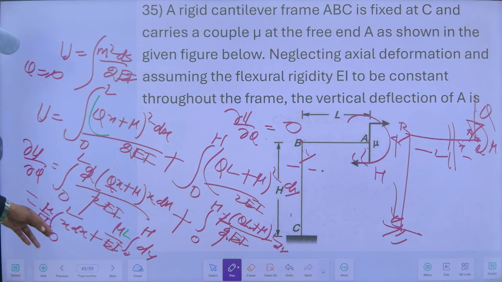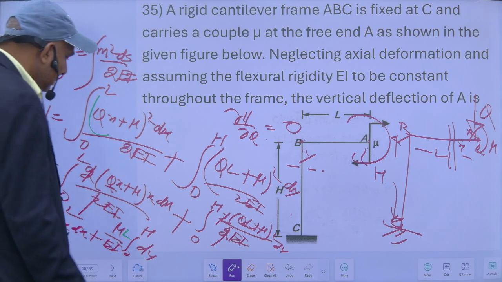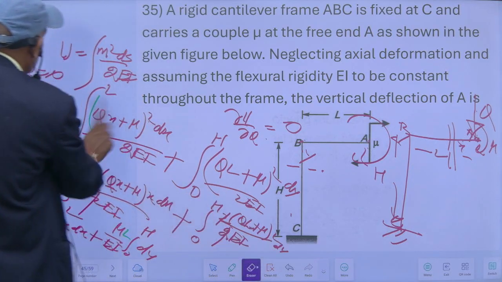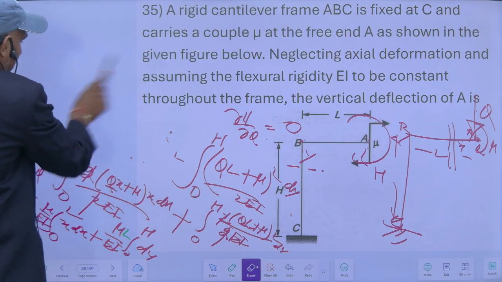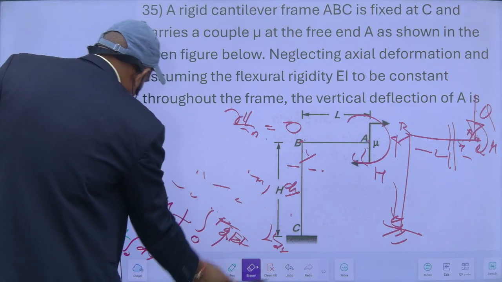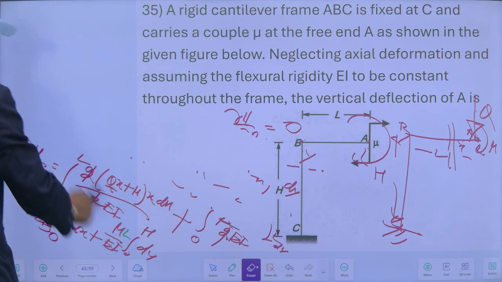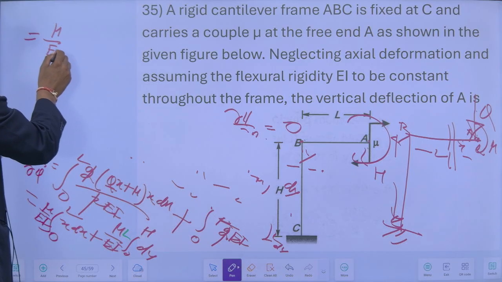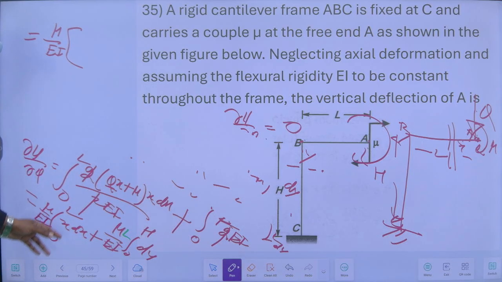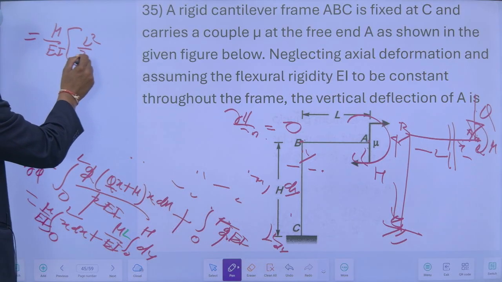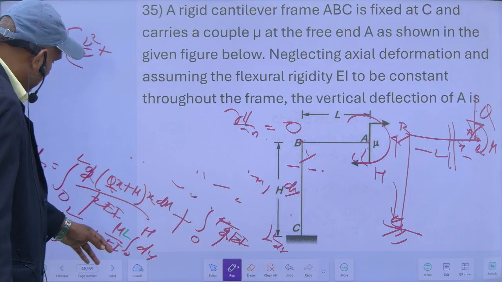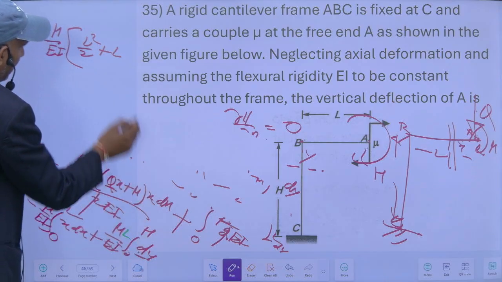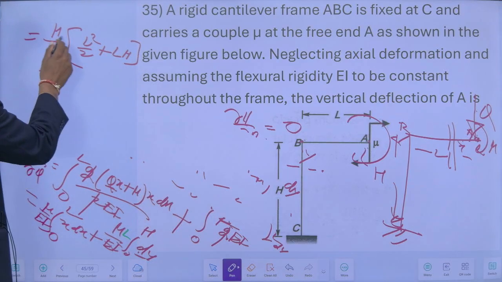So we can take Mu upon EI common. This will be x square by 2, meaning L square by 2, plus this is L into y, meaning H. So I can take Mu L common here.